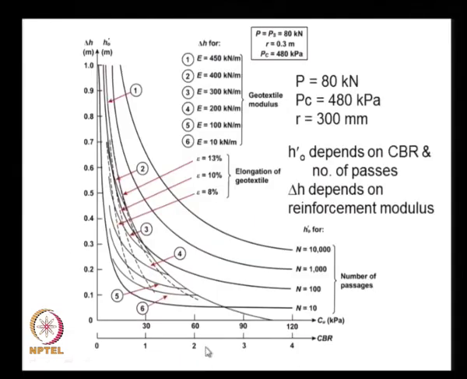So let us see, this CBR of 1 is here, and this fourth graph corresponds to E of 200. So this comes out to approximately 0.25.